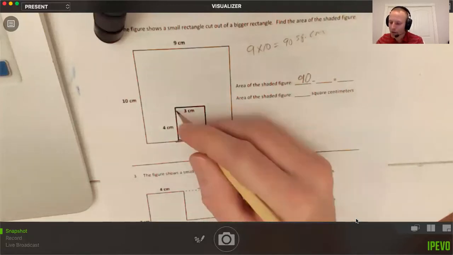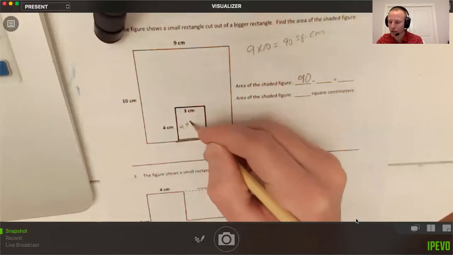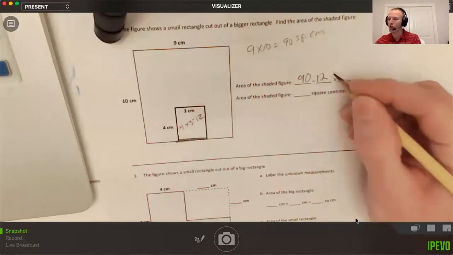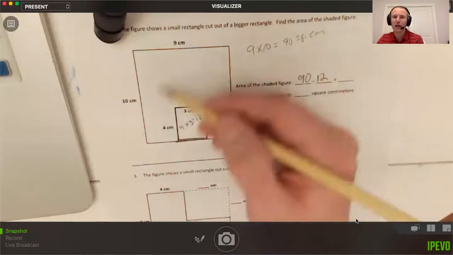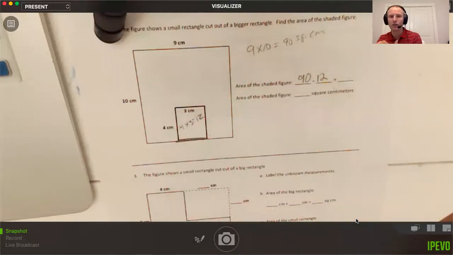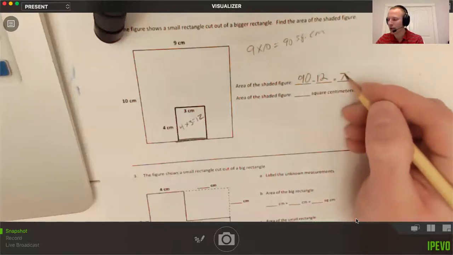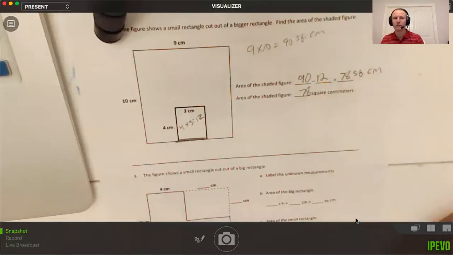However, we have this cutout in the middle, and it's 4 centimeters times 3 centimeters. 4 times 3 is 12 square centimeters. So I need to subtract 12 square centimeters from my 90. Because when I said 90, I didn't actually have 90 square centimeters of space. I had 90 square centimeters of space minus some amount that had been cut away, and that amount was 12. So I end up with 78 square centimeters worth of space.